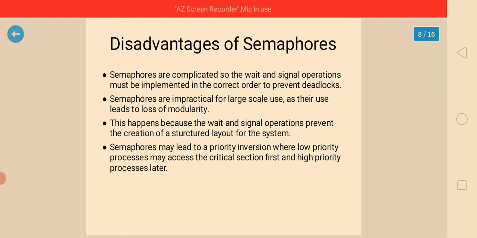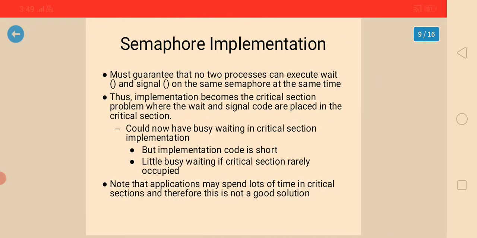Semaphores may lead to priority inversion, where a low priority process may access the critical section first and the high priority process later. So the lower priority accesses first, and only after that can the higher priority access. So how can we implement semaphores?